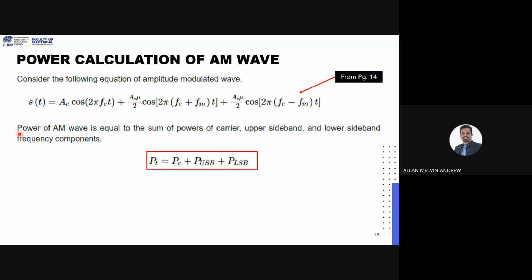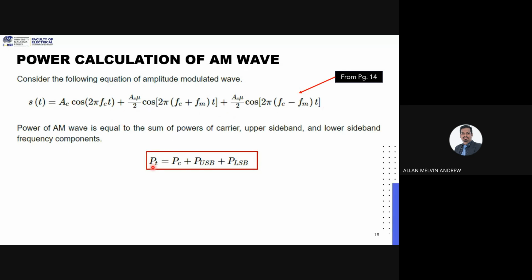The power of an amplitude modulated wave is equal to the sum of the powers of the carrier, upper sideband and lower sideband frequency components. So we have three components: this is your carrier signal, this is your upper sideband, and this is your lower sideband.